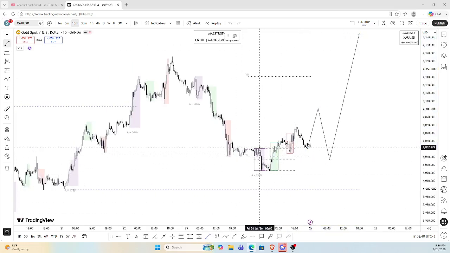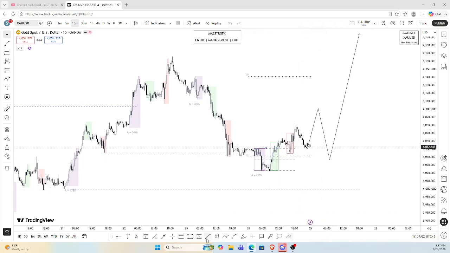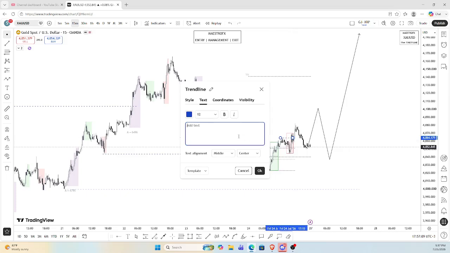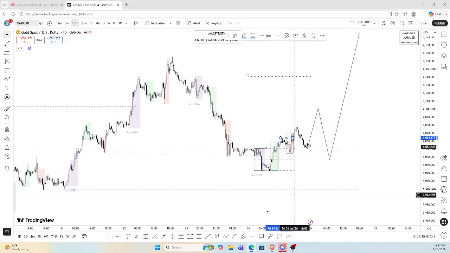Okay, you can see that the lower time frame is showing us that somehow after that swipe of liquidity, the price has now shifted bullish. But I think it's easier for anyone to capitalize on this continuation after this break of structure again here.